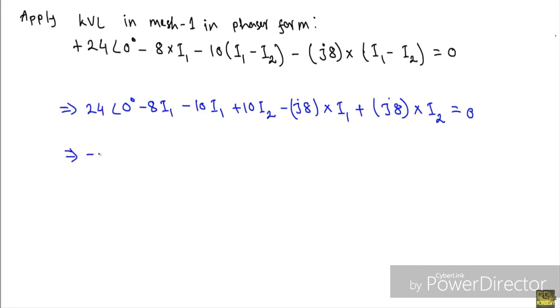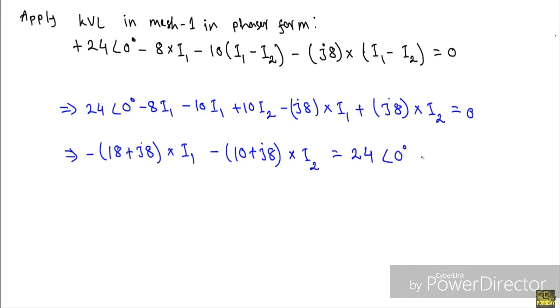Or I can write it like this: minus (18 plus j8) I1 minus (10 plus j8) I2 will be equal to 24 phase angle 0 degree. Let's say this will be equation number 1.